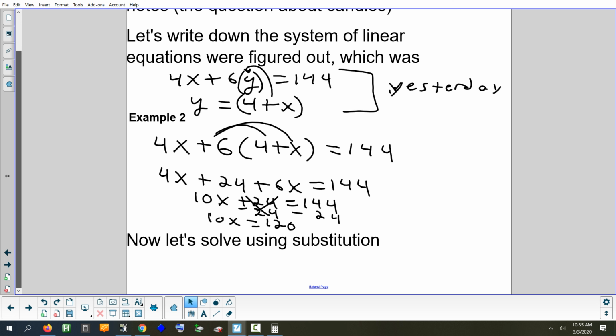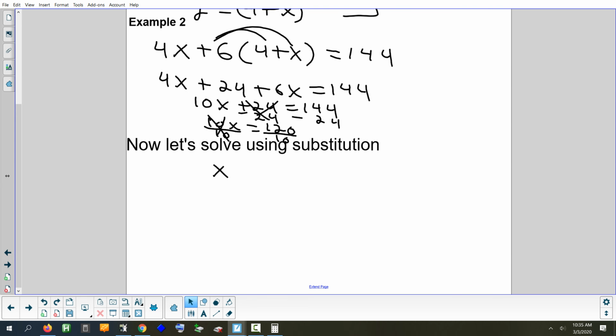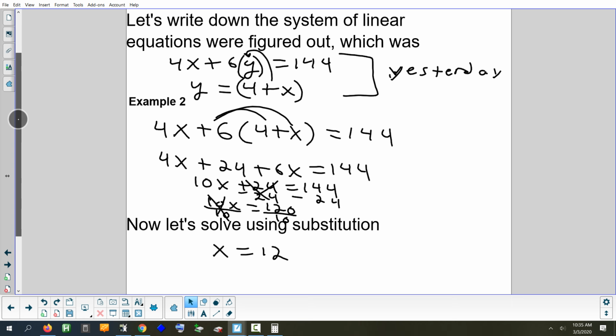And what's my last step? Yep. Divide by 10 and 10. Good job. And x is 120 divided by 10, which is how much? 12. Yep. So x equals 12. And x was the number of what kind of candles?